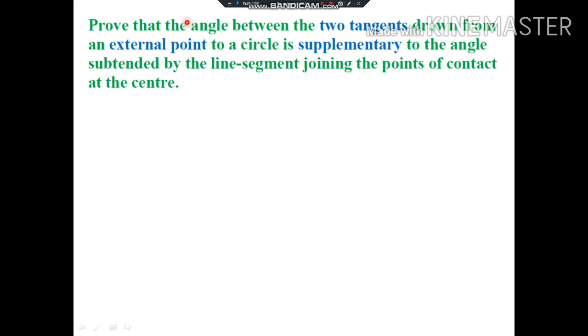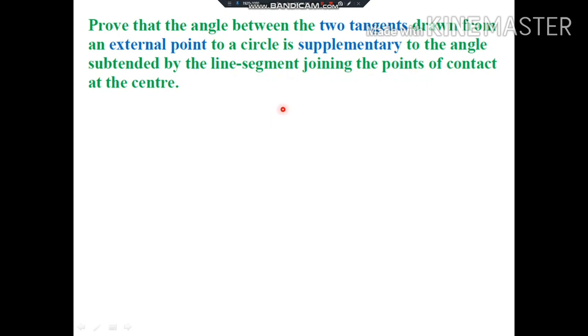Dear children, read the problem carefully. I highlighted here two tangents. So there are two tangents drawn from an external point to a circle, and the angle between the tangents is supplementary to the angle subtended by the line segment joining the points of contact.